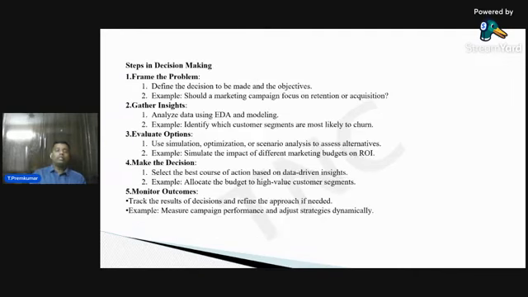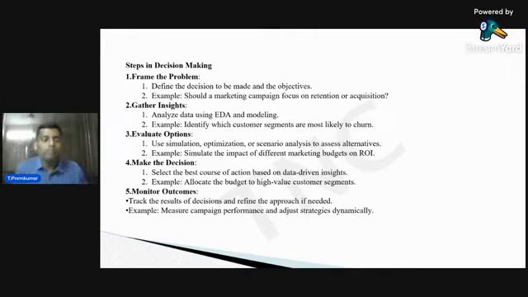The steps involved in decision making are: frame the problem, which defines the decisions to be made and the objectives; gather insights, which analyzes the data using EDA and modeling; evaluate options, which uses simulations, optimizations, or scenario analysis to assess the alternatives; and finally, decision making and monitoring the outcomes.